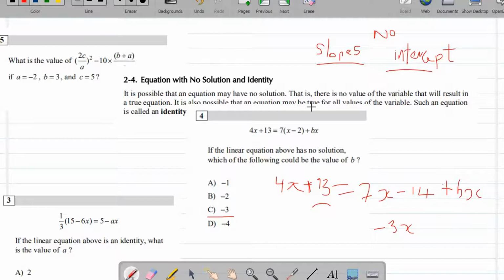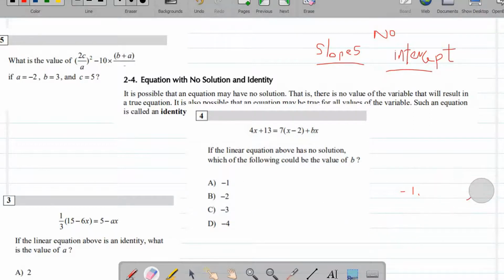So remember, when an equation has no solution, the slopes are the same but the intercepts are not the same. Another thing is that when an equation has infinite solutions, we'll get to that very soon.